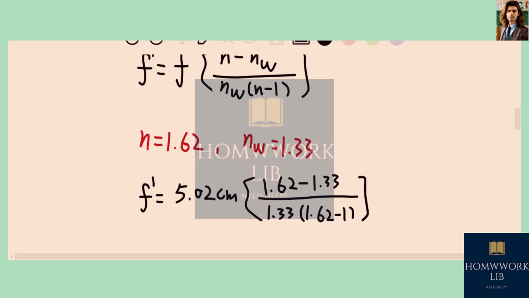And this will give us the focal length we use in our daily life, which is 1.77, the focal length of the lens in the air, okay?